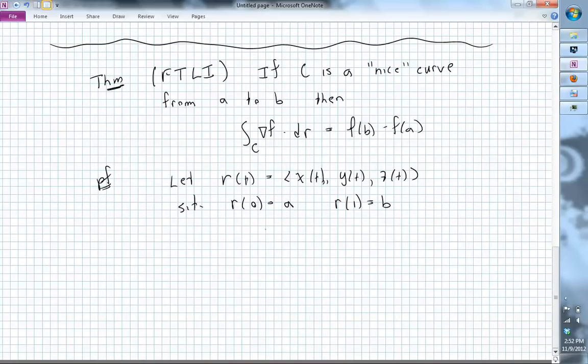So there's nothing deep going on here. These are ideas that you've already explored on the most recent homework. You've got some starting point A, some ending point B. You've got some curve in space between these two points, and you've just parameterized it. So when I plug in t equals 0, I'm here. When I plug in t equals 1, I'm here. And as t goes from 0 to 1, I traverse the curve. Nothing new.